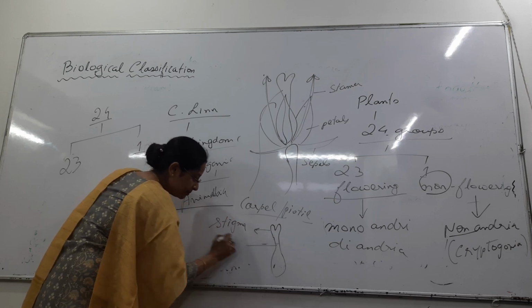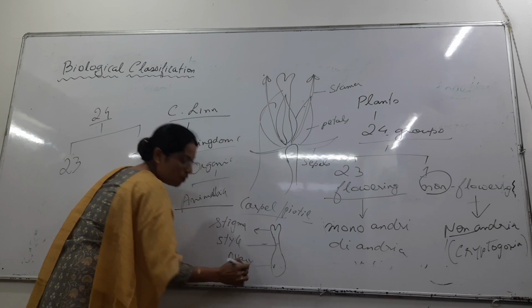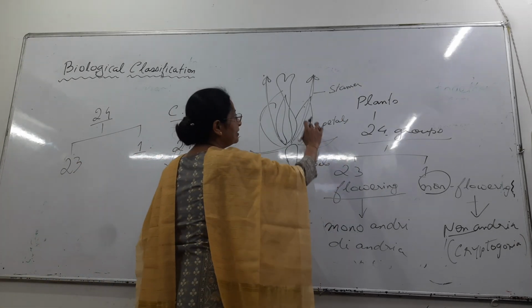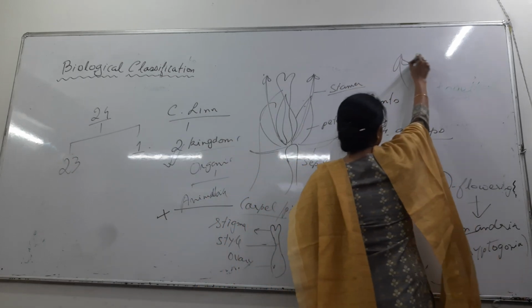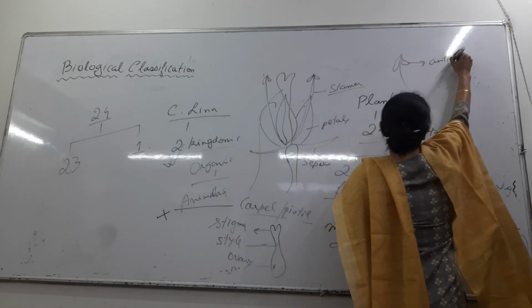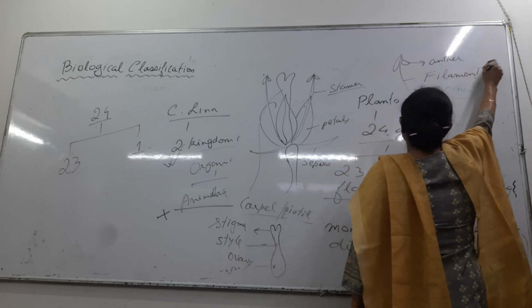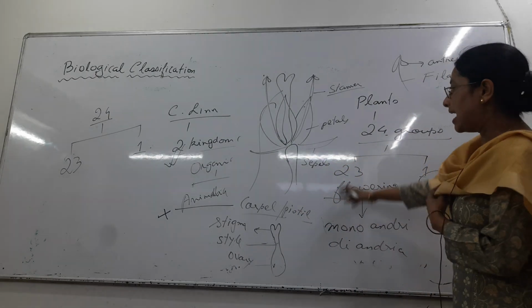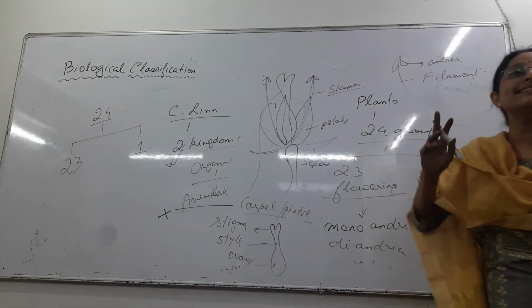Stigma, style, ovary. If you are talking about this as a stamen, you have the filament. Understood? A flower does not necessarily have a single stamen and carpel.